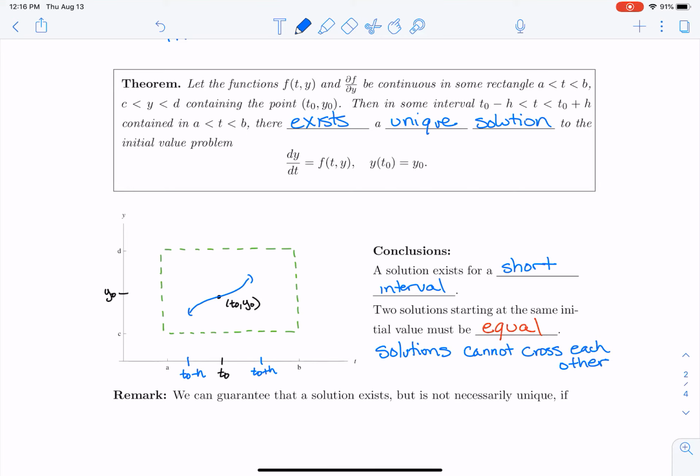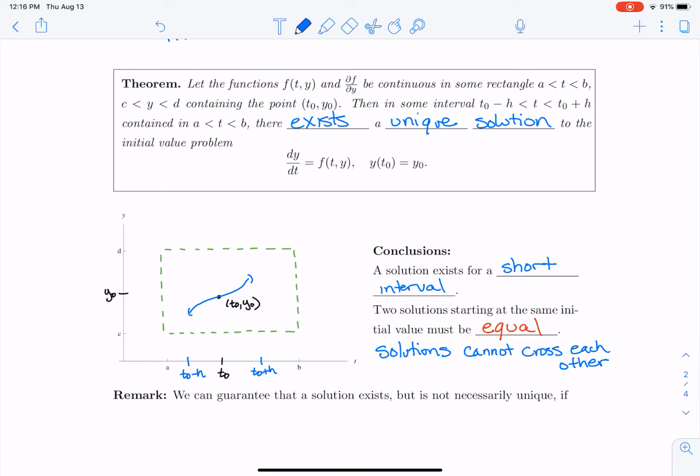Now, I'm going to present this theorem without proof. And that is because in order to understand the proof of this theorem, you need to take a class in what's called real analysis, which is a very in-depth study of the concepts of calculus.